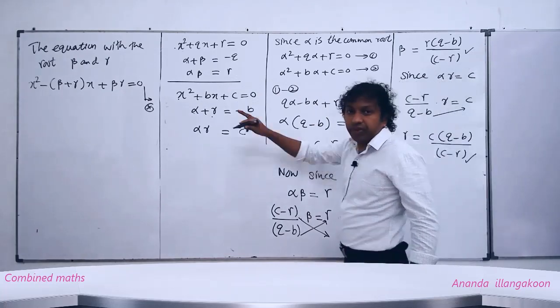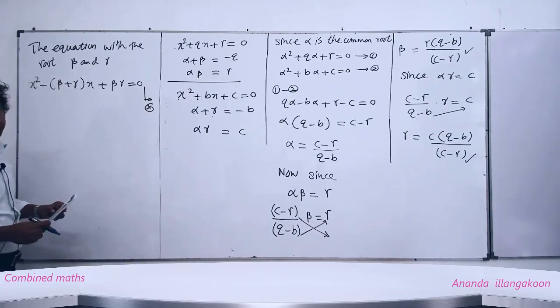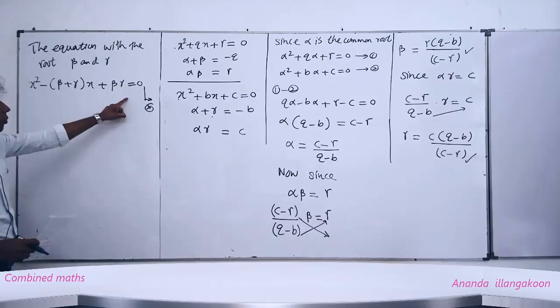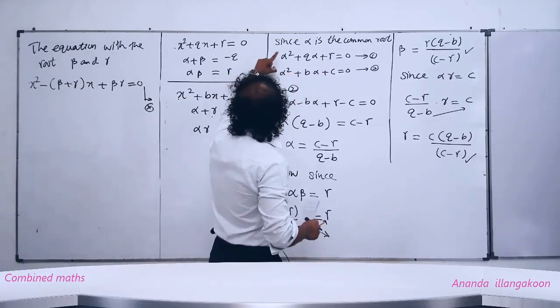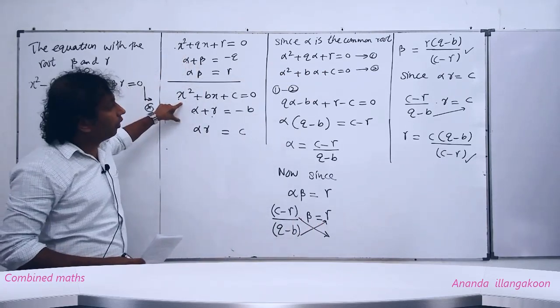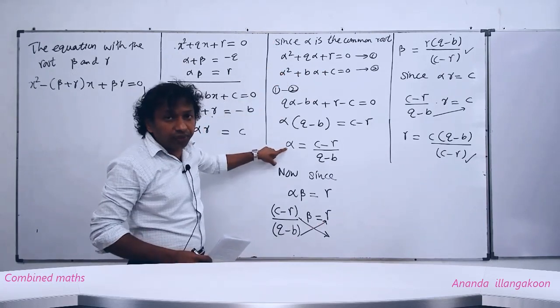Then we can write by this equation. Then you have to start like this. The equation with the roots beta and gamma, put that as star. Now, since alpha is the common root, then that alpha should satisfy this equation as well as this equation. Then we took these two equations and subtracted, thereby we found this alpha, the common root.